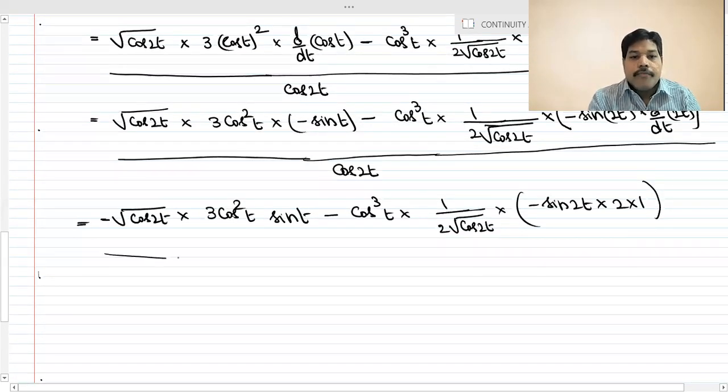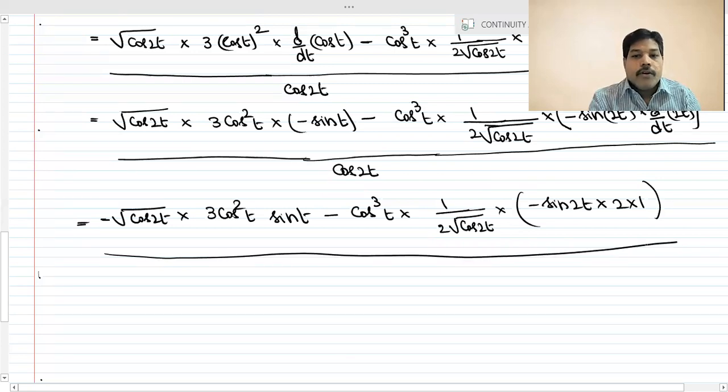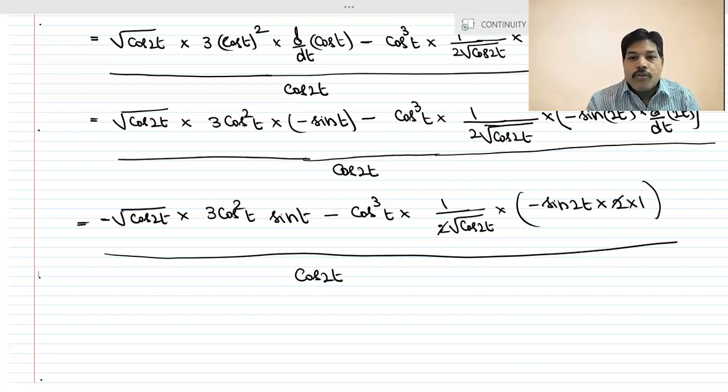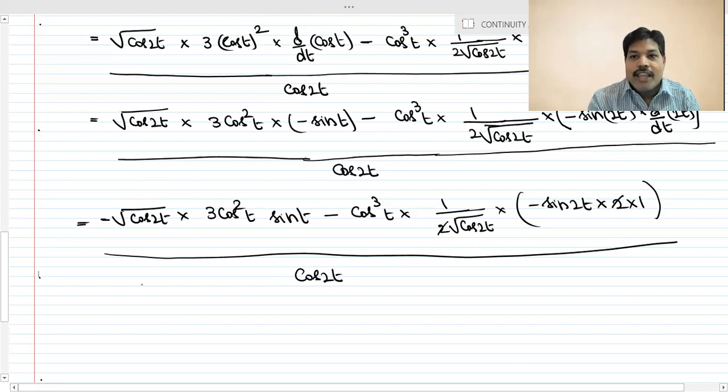Whole by cos 2t. So here what are the terms you can cancel, students? That is nothing but the 2 and this 2 will be cancelled. So what we will get, I will take root cos 2t as the LCM. Root cos 2t is the LCM. Automatically this root cos 2t into root cos 2t will become cos 2t. The square root will be cancelled.